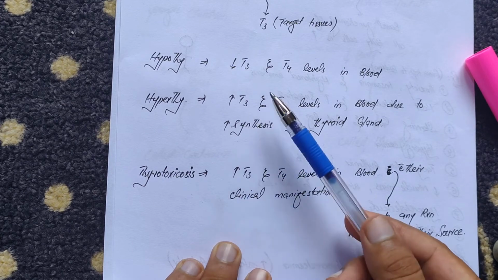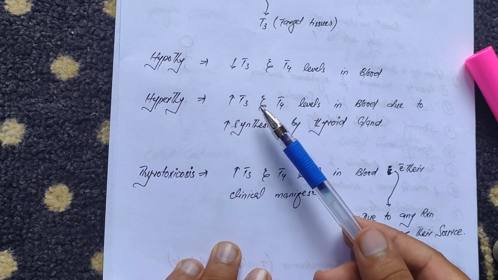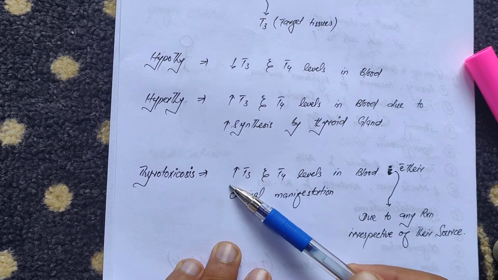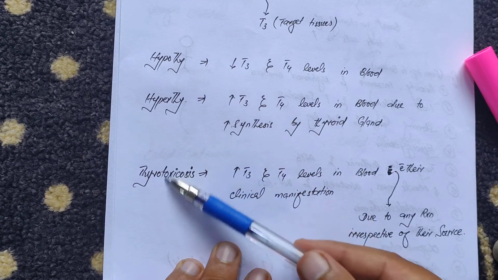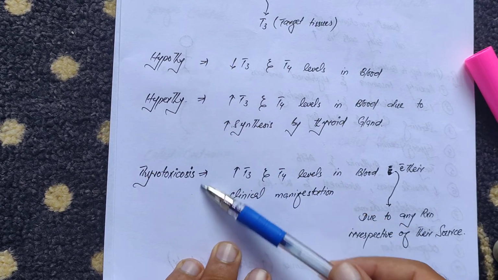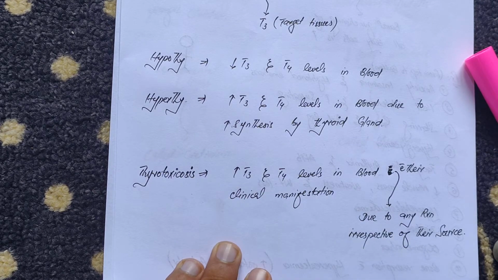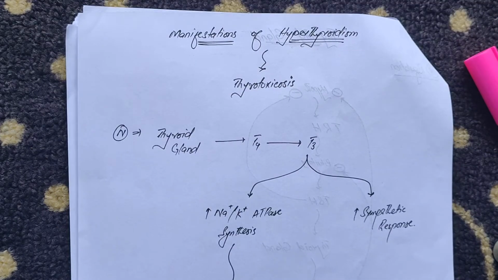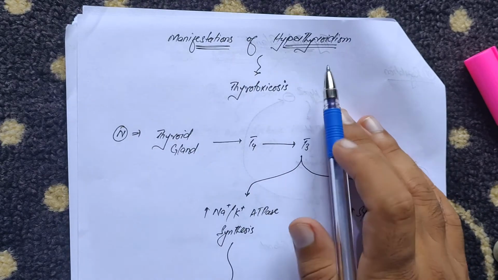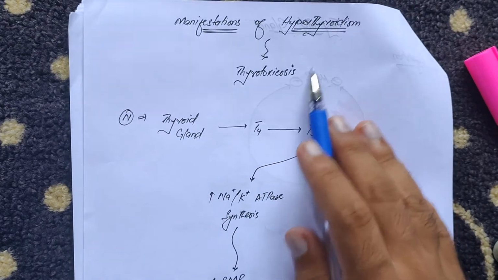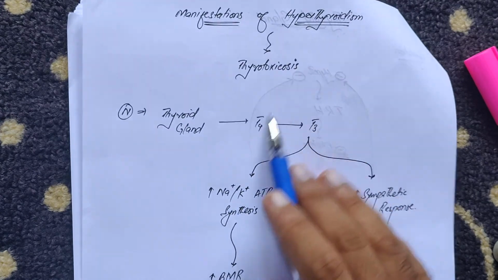So you can say that all hyperthyroidism is thyrotoxicosis, but not all thyrotoxicosis is hyperthyroidism, since some other sources may also produce thyroid hormone. Okay, now let's cover some of the manifestations of hyperthyroidism, how hyperthyroidism will present, and it is also called thyrotoxicosis.